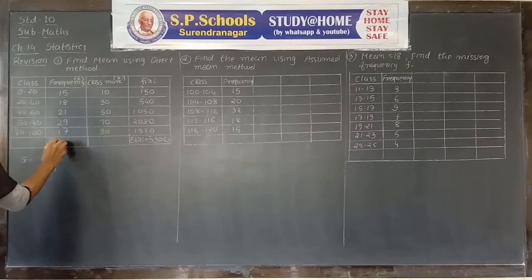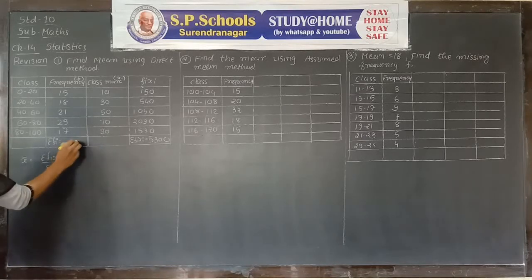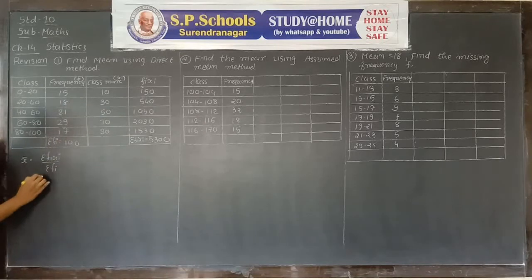Sigma fi, used in the formula, is 100. Sigma fi xi is 5300 and sigma fi is 100.